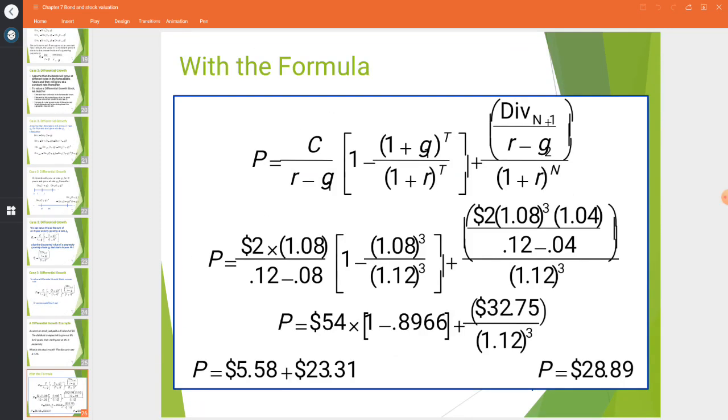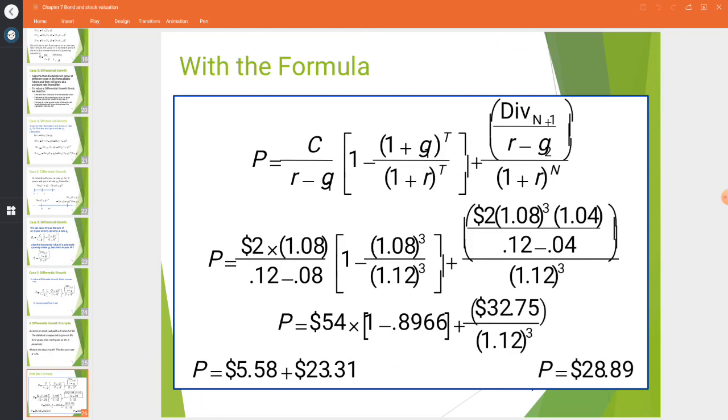To compute, in our equation, B is equal to C. To determine C, this is the dividends of today multiplied by 1 plus G1 to determine the amount of dividends at the end of the first year, discounted by R minus G1 multiplied by 1 minus 1.08 power to 3 divided by 1.12 discount rate power to 3.